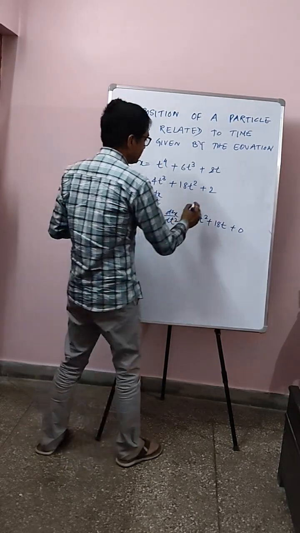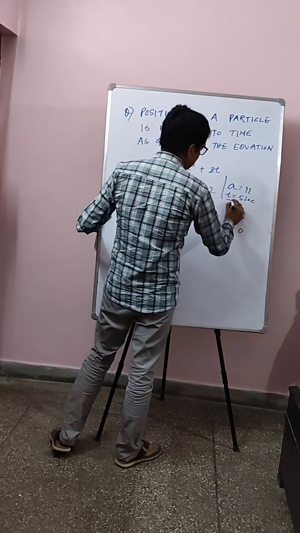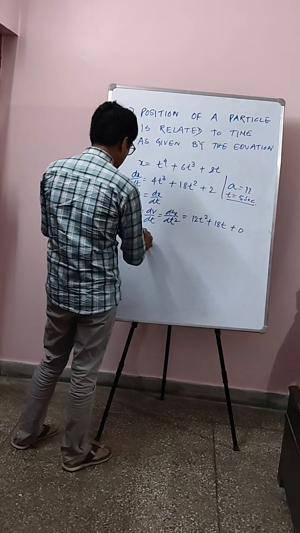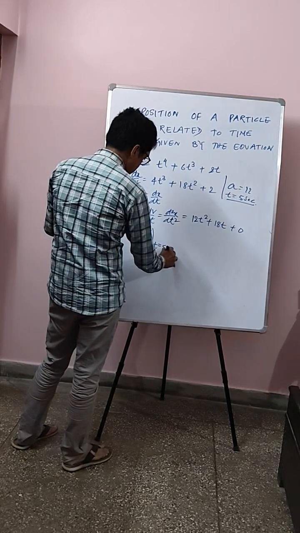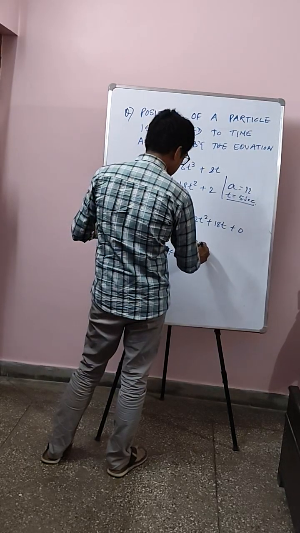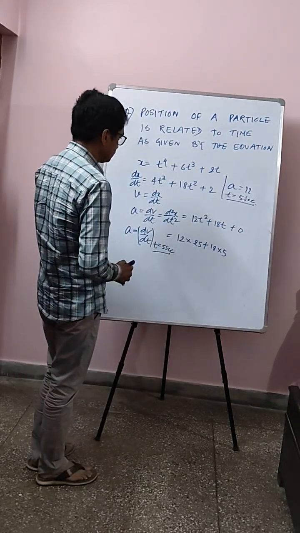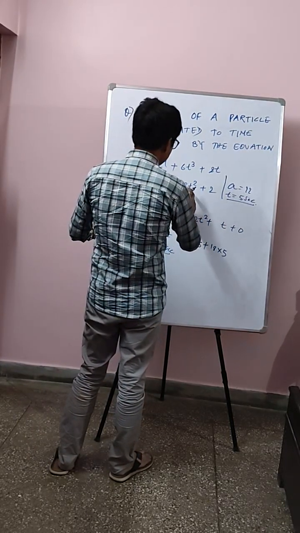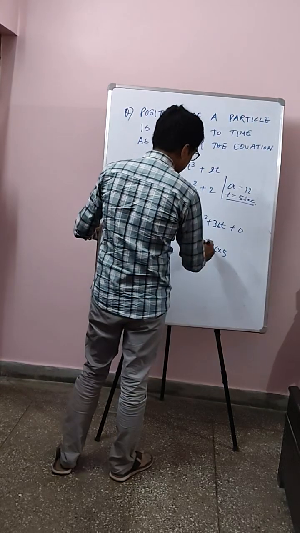Now we have to find acceleration at t equals 5 seconds. a equals 12 into 5 square plus 36 into 5.